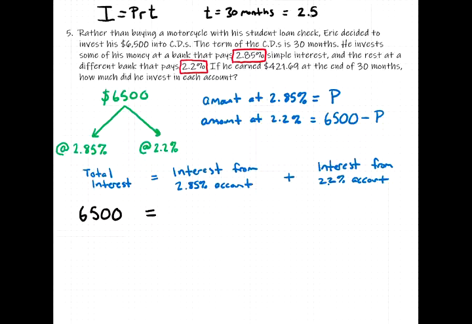Okay, so interest from the first account. Principal times rate times time. So we said the principal, so we're looking at the first account. The principal is P times the interest rate, which is 2.85%.